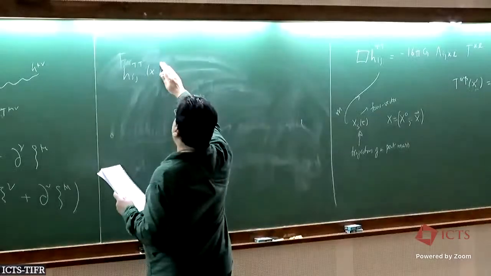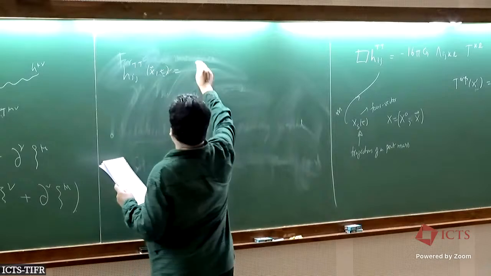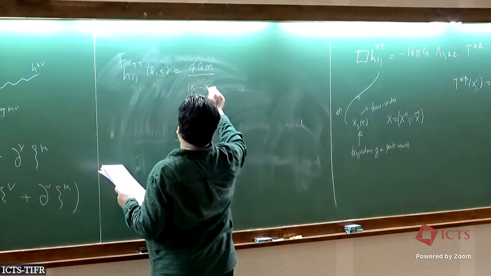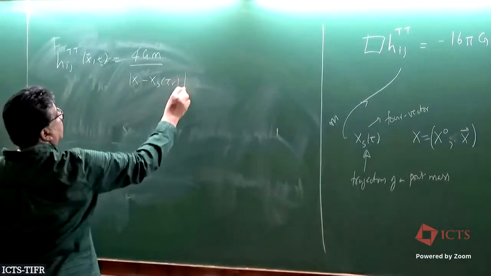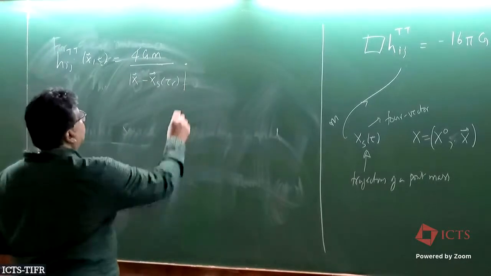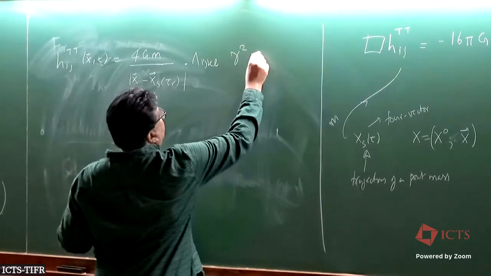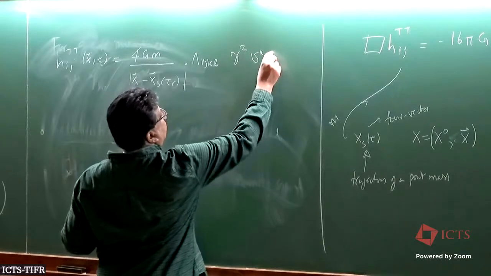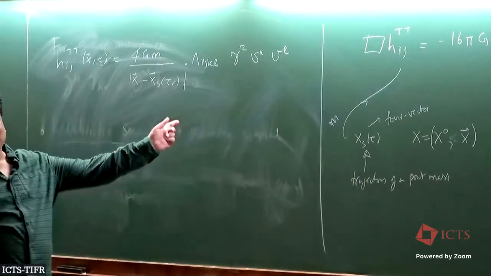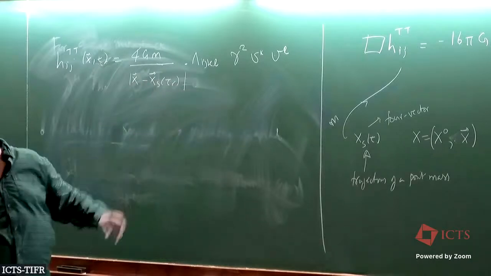So this is x, t. This is 4 G m divided by |x minus x_s|, times V^k V^l. This is not U, this is V^k V^l. Since my original had a U^k U^l, when I turn to the spatial part, each has a gamma, so there's a gamma squared.